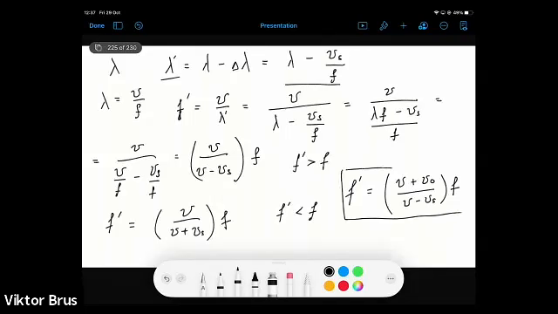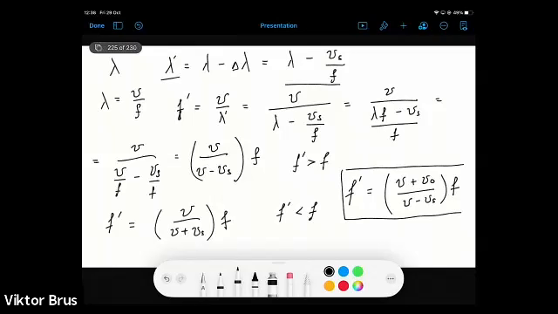With this equation, you need to take into account the signs of V naught and Vs, because for instance, if we have the opposite case, let's say source and observer, instead of approaching each other, they both move away from each other, we need to change the sign of V naught to negative and the sign of Vs to positive.